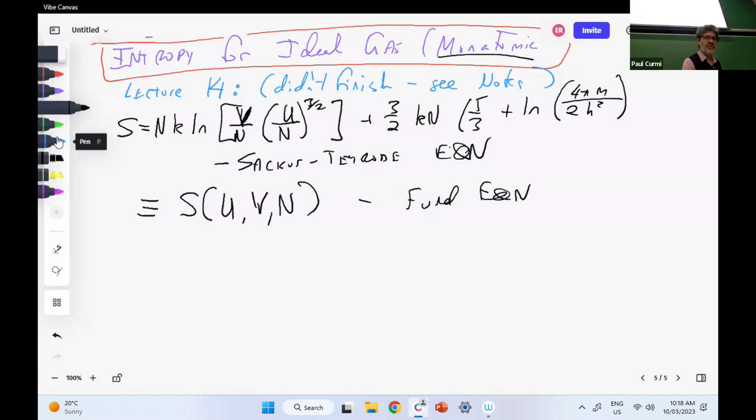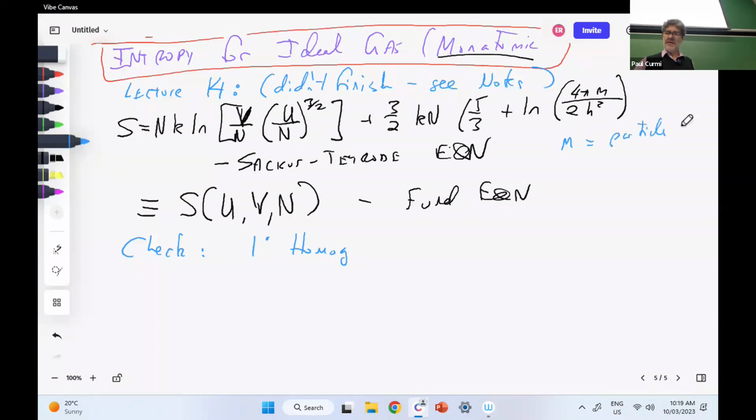Check the ln of 4 pi m over h squared, where m equals particle mass and h equals Planck's constant.